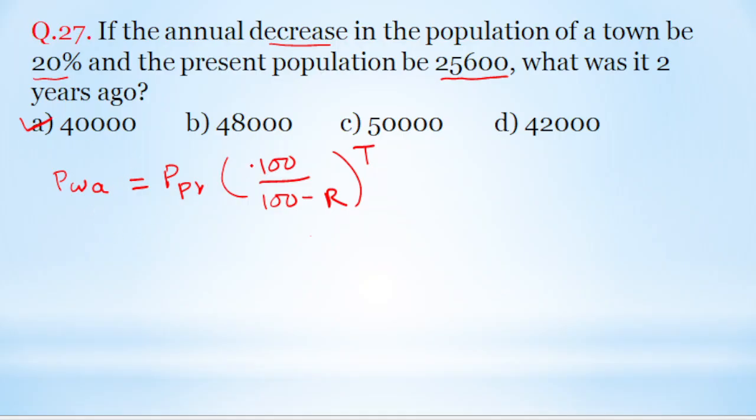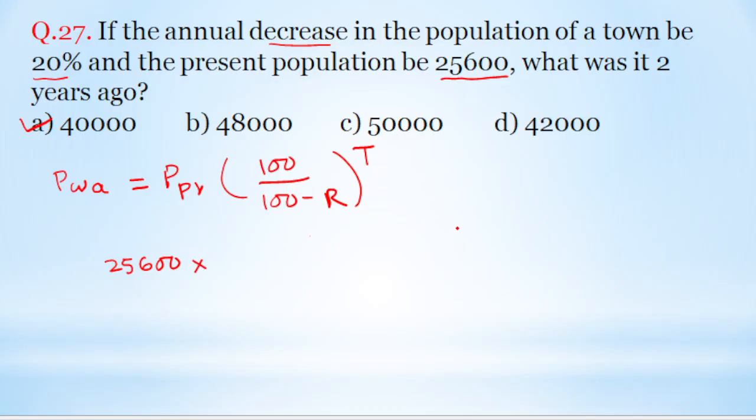Now listen, here the present population is 25,600. We have to find the population before 2 years. That means what fraction we have to multiply.